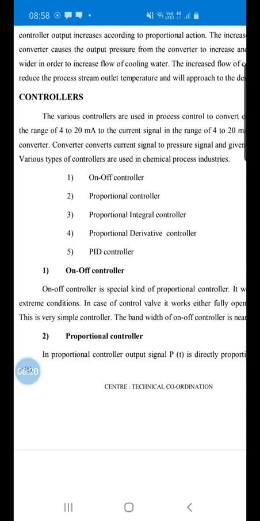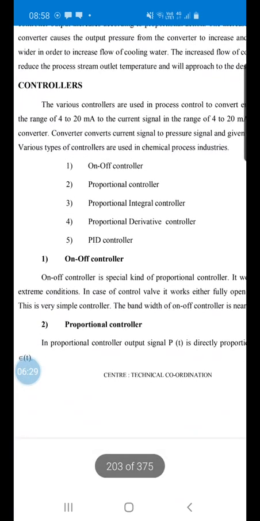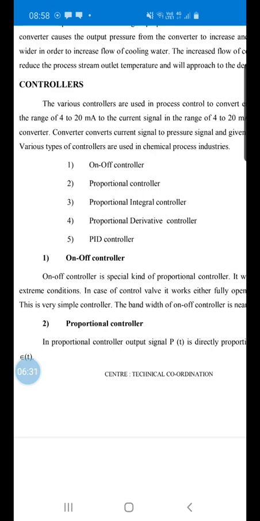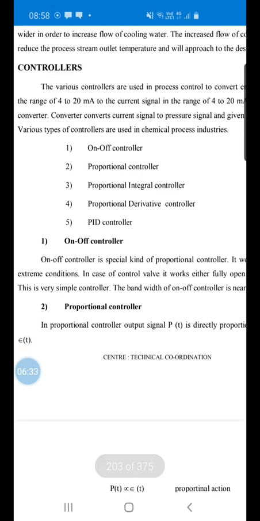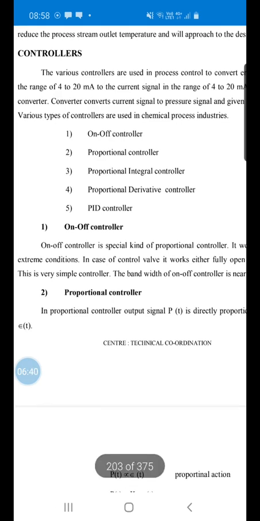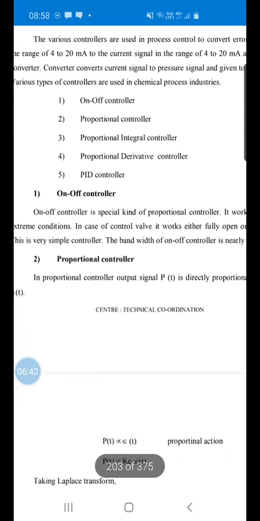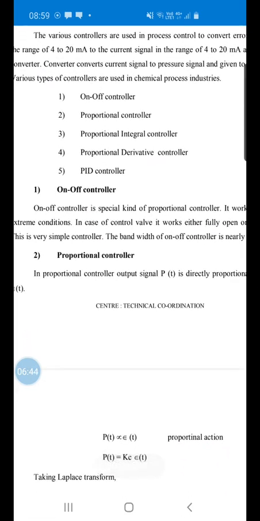The converter converts this current signal to a pressure signal and gives it to the pneumatic controller. Various types of controllers used in chemical process industries are on-off controller, proportional controller, proportional integral controller, proportional derivative controller, and PID controller. We'll discuss these controllers one by one.